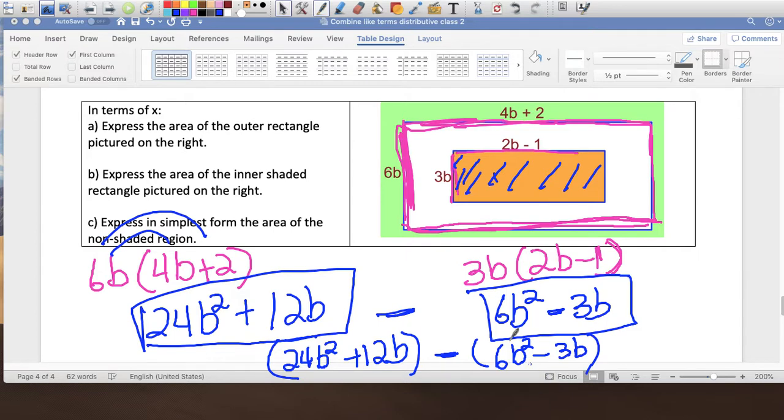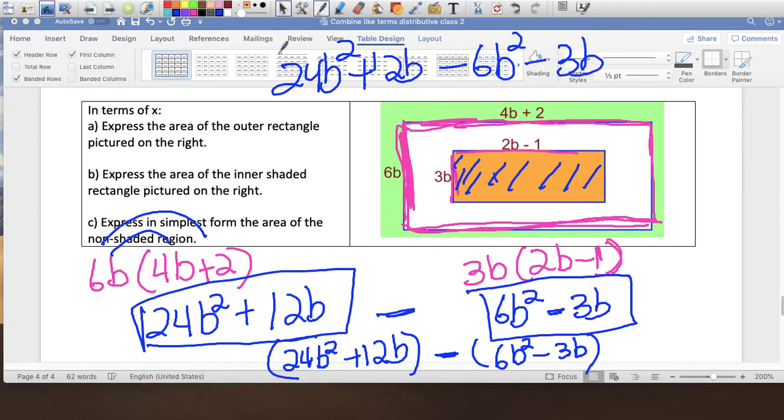And that's what you have to be careful with, because if you just wrote 24b squared plus 12b minus 6b squared minus 3b, you're not really subtracting the whole yellow part. The only part you're subtracting is this guy over here. Because you want to subtract the difference between these two. So when you write the expression, make sure you put it in parentheses. The big rectangle is represented by this expression minus the smaller rectangle represented by that expression.